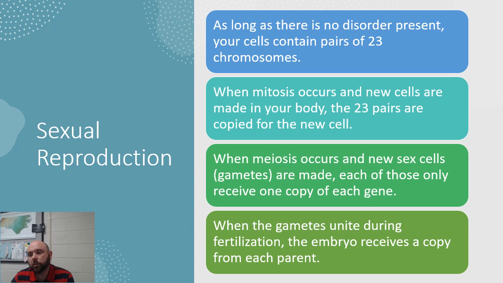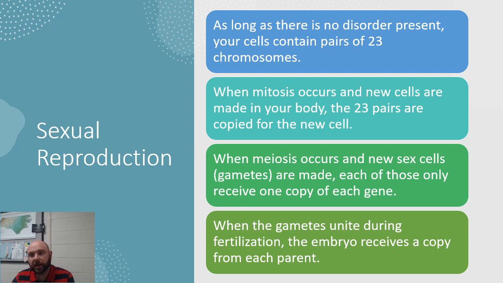So during what we call regular mitosis, where a cell splits and new cells are made in your body, those 23 pairs are all copied. A copy of each pair is made and sent to the new cell. But when sex cells are created through a process called meiosis, those cells only receive one copy of each chromosome.